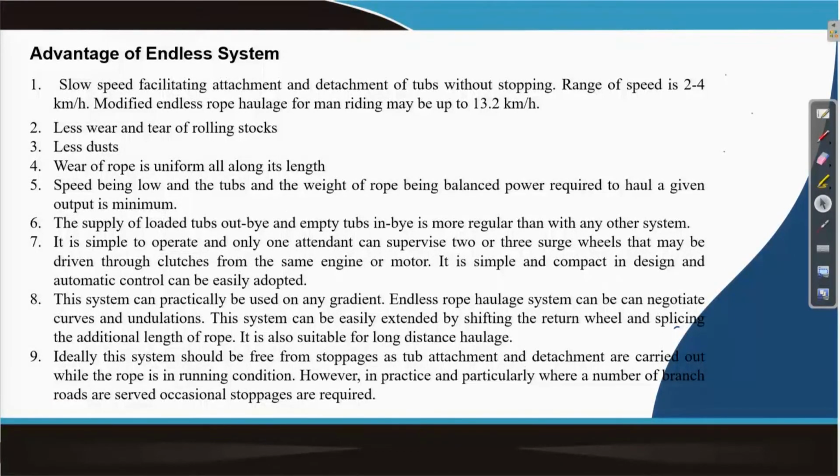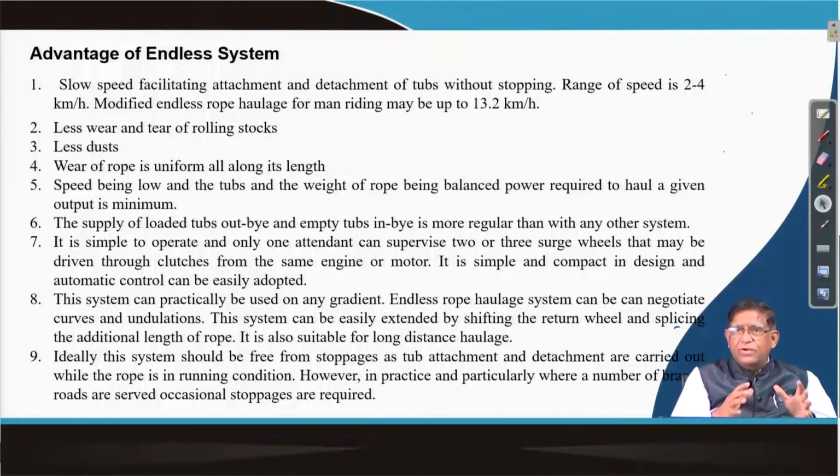There is also less wear and tear of the rolling stock, that is the rope going over some pulleys, because the speed is less. This system does not create much dust in the underground, and the wear of the rope is always uniform. So, these types of advantages are there in this rope haulage system.